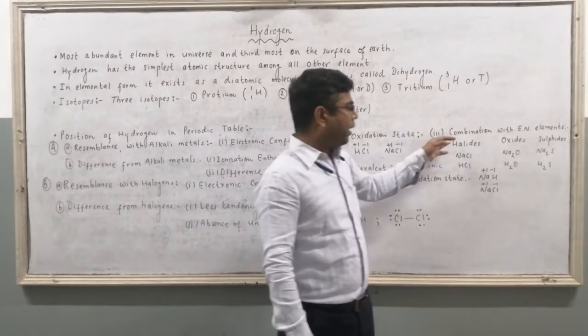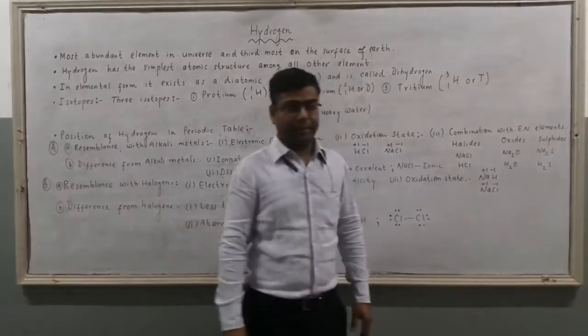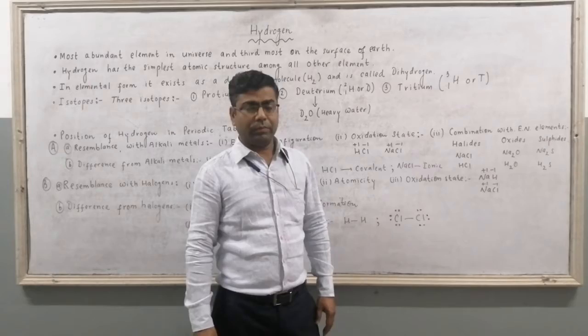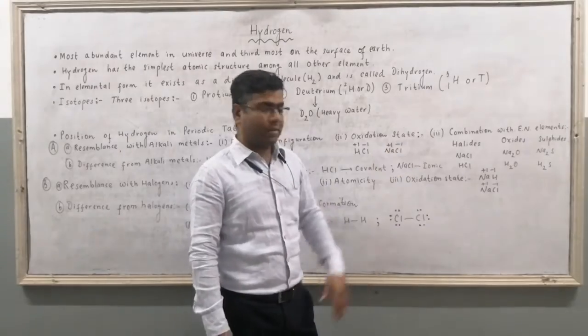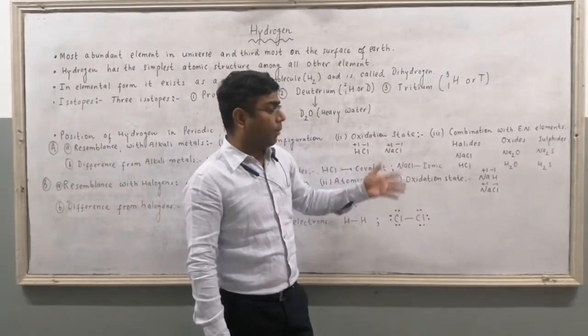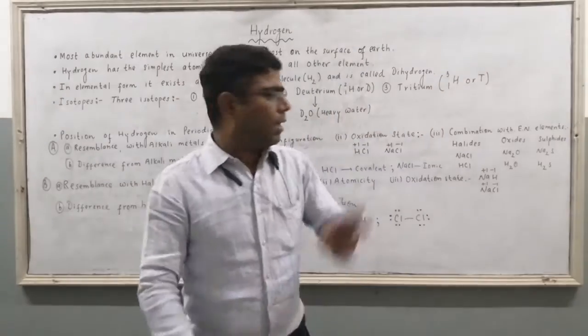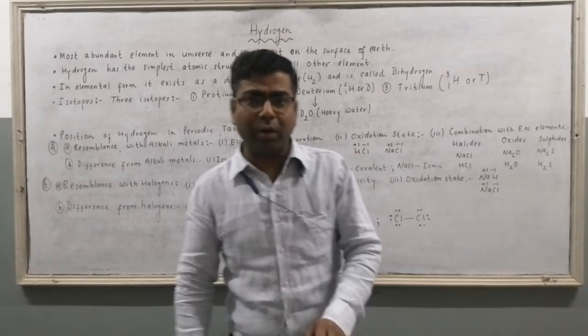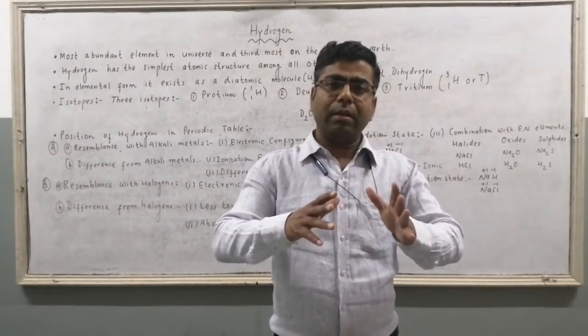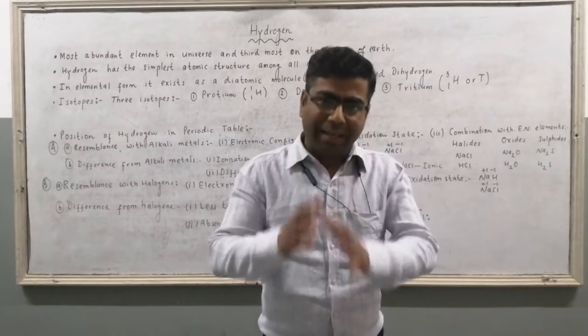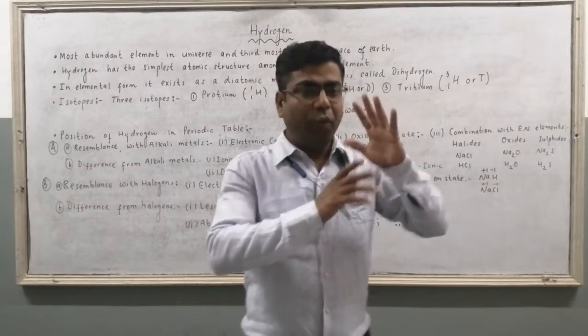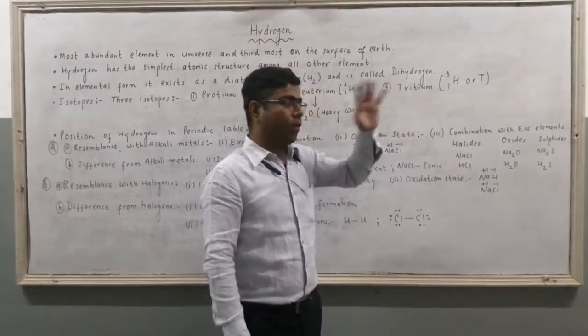Then comes combination with electronegative elements. First we will talk about halides, then oxides, then sulfides. Hydrogen reacts with halogen, oxygen and sulfur in a similar manner as alkali metals react with halogen, oxygen and sulfur.